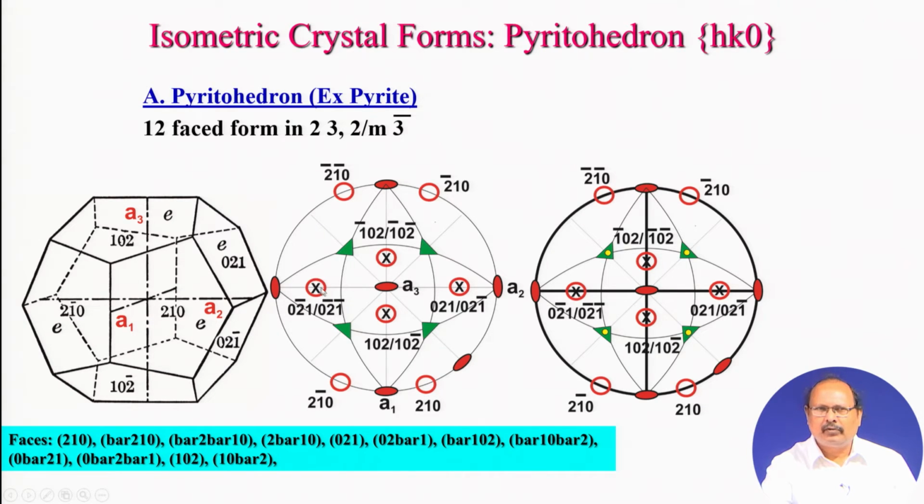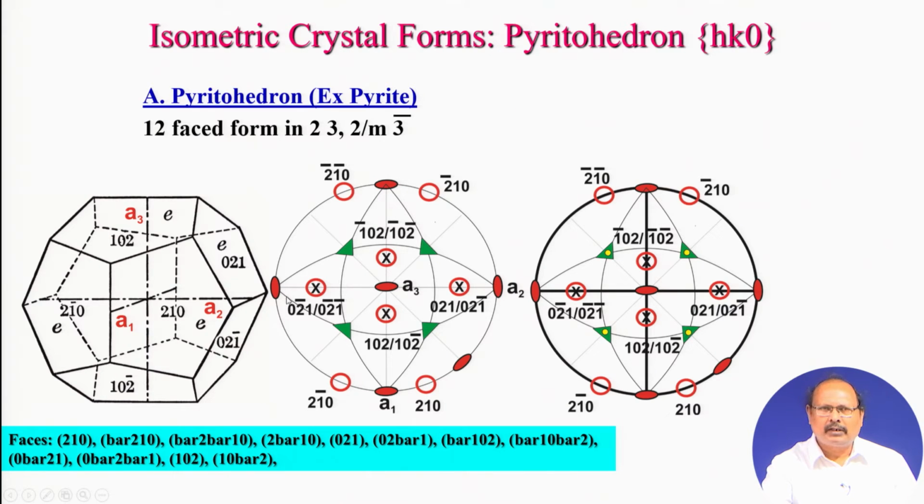In the same way, this cross, which is the one which intersects the negative direction of the A3 axis, after 180 degree rotation with respect to this vertical dyad here, will be repeated in this particular place here, this cross here, which will represent 0 2 bar 1.